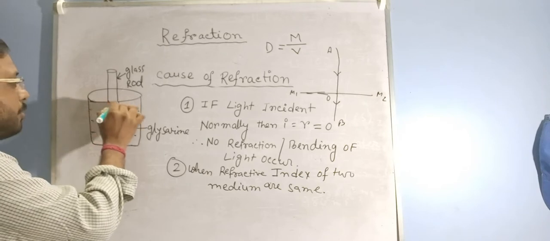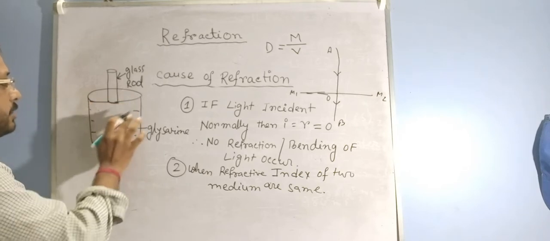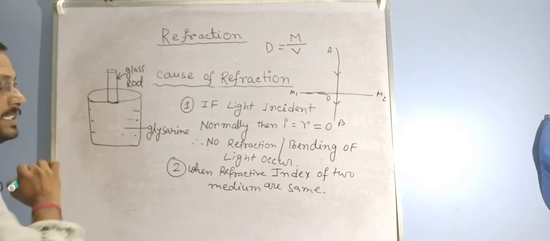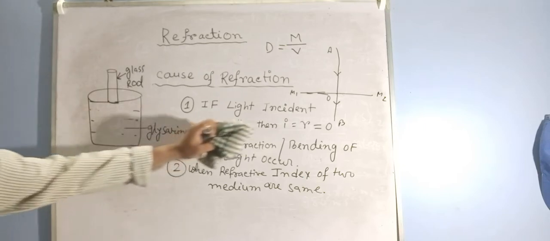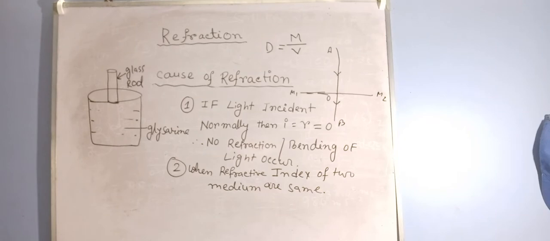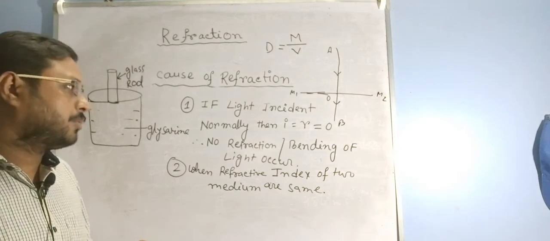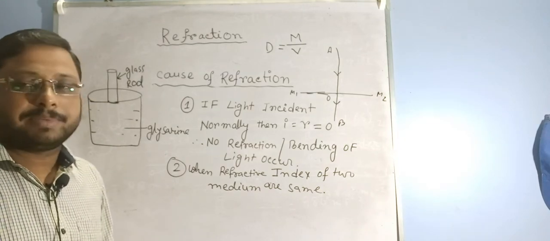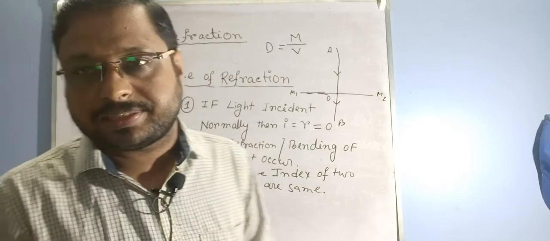So there is no bending of light and we cannot see the glass rod inside the glycerin. These two are the situations where there is no deviation of light going from one medium to another medium of different optical density.